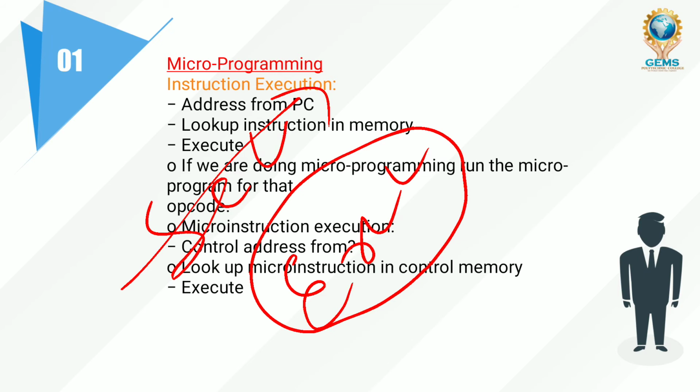What you are able to see here: the PC, the program counter, is one kind of register, and AC, the accumulator, is one kind of register, DR, the data register, is one kind of register, and AR, the address register, is one kind of register. These are the different kinds of registers that we use in computer organization and architecture. They all help us to execute the instructions in a proper way and to do the process smoothly.